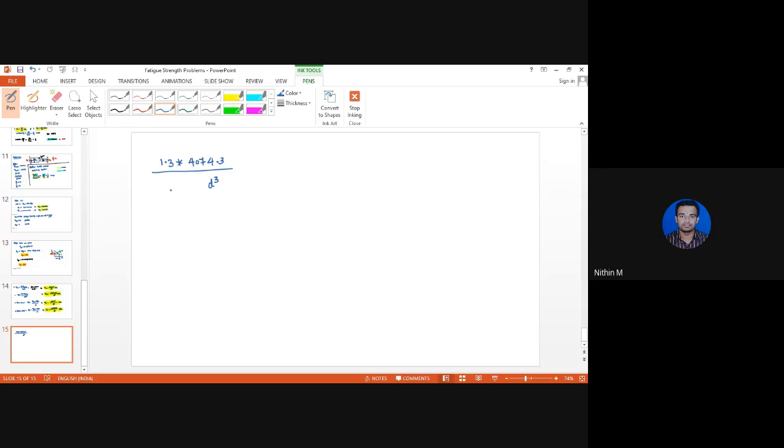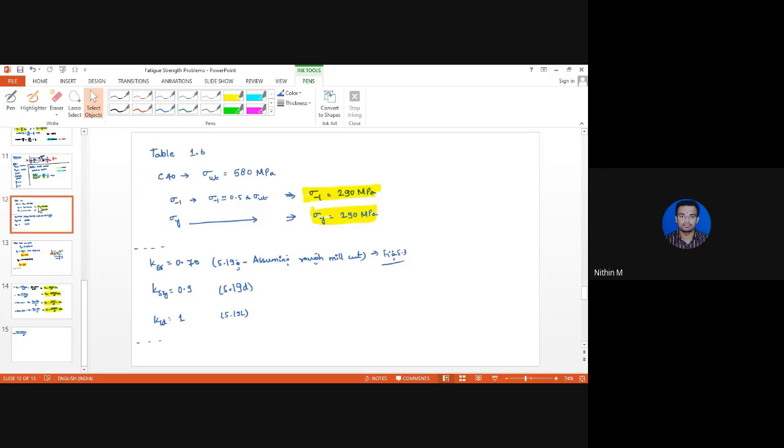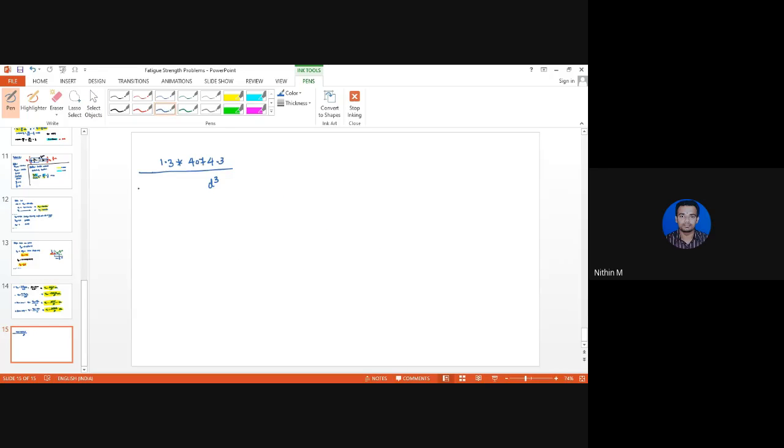What was KSR? 0.79 into 0.9 into 1 into 290 MPa. That is the endurance limit of the component, plus sigma m by sigma y.